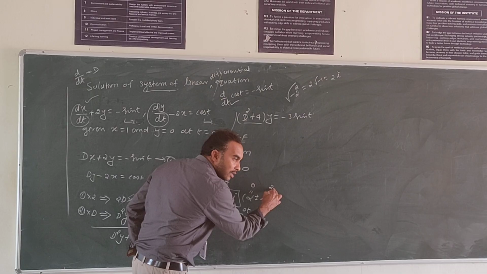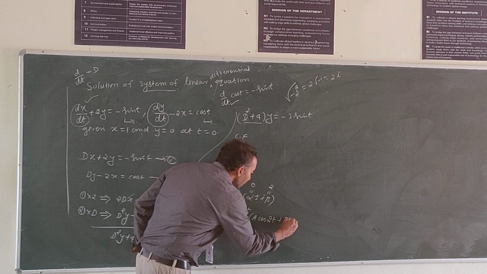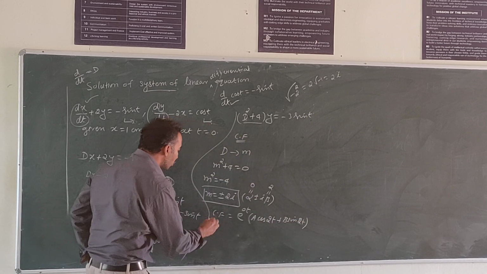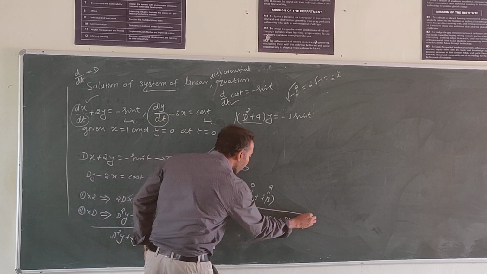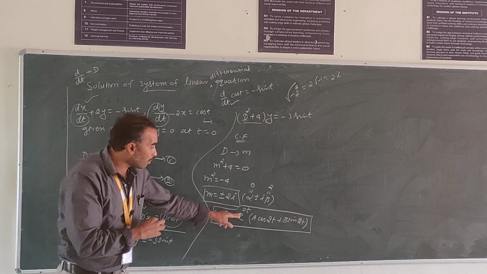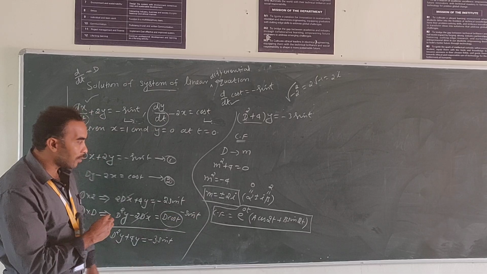What is beta? 2t plus b sin 2t. So this is the complementary function. What about e power 0? 1. Okay, this is the complementary function.